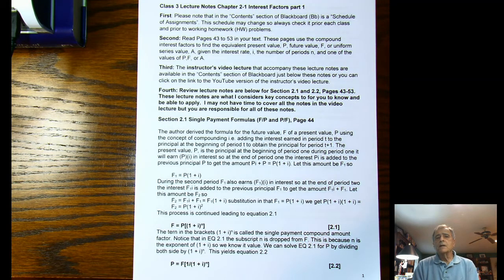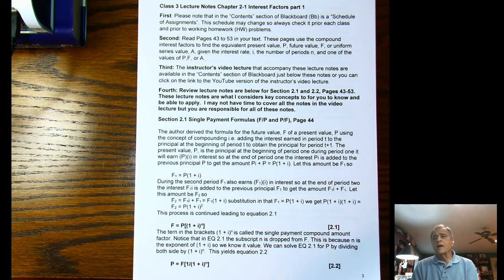So we talk about equivalence in that at some interest rate, if you had P dollars at the present time, you could generate some future amount of dollars called F dollars. And so those two numbers are equivalent, the P and the F, whereas the F occurs at some time, we usually call it N periods into the future from the time that P occurs.